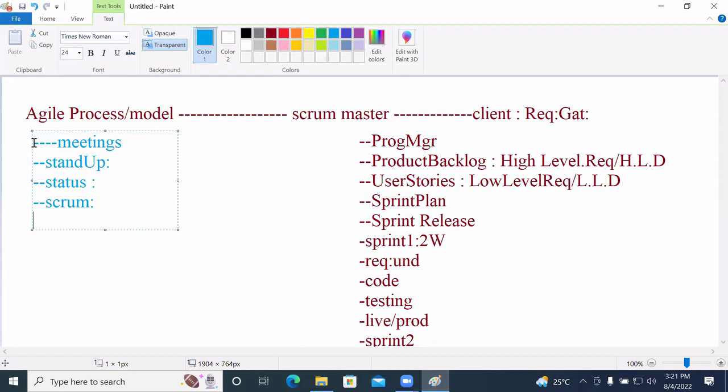According to your understanding, what is the meaning of stand-up meeting? Discussing project details.